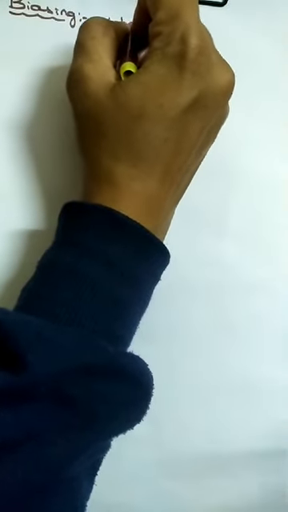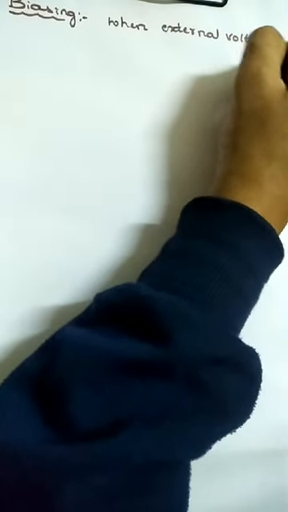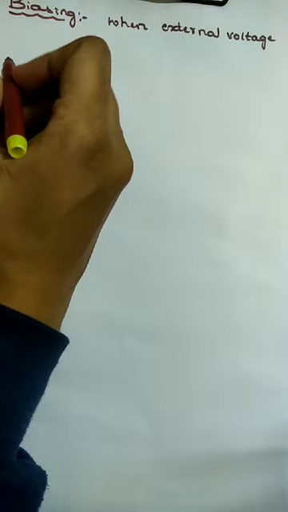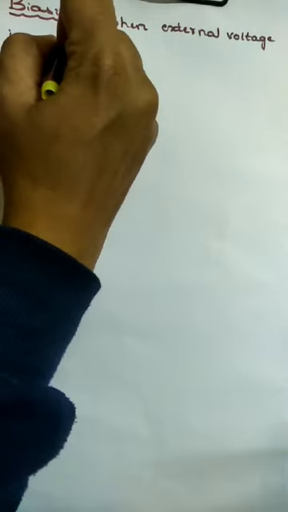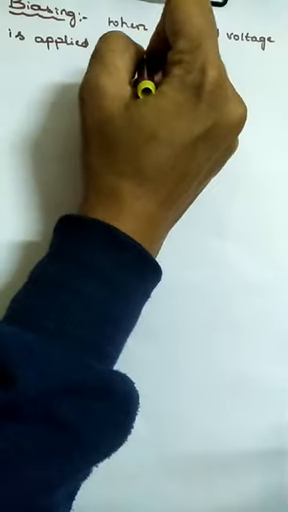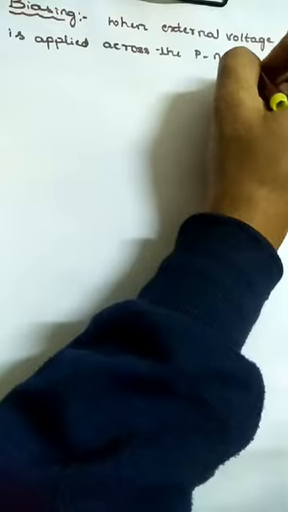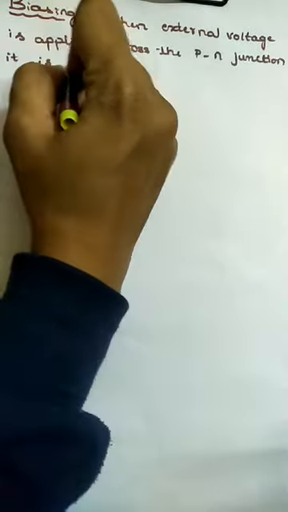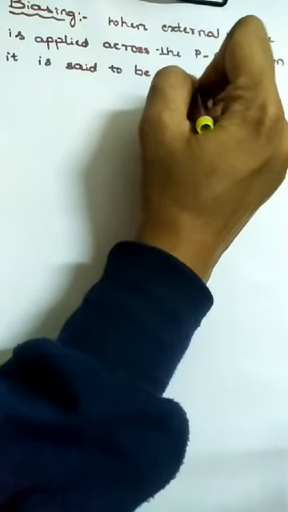When an external voltage is applied across the PN junction, it is said to be biased.